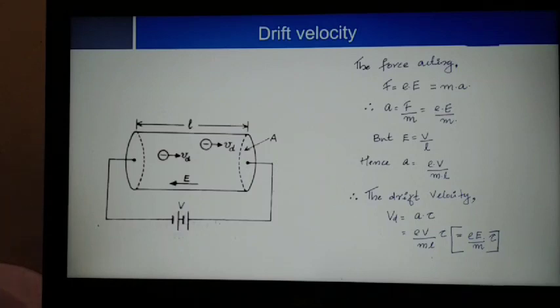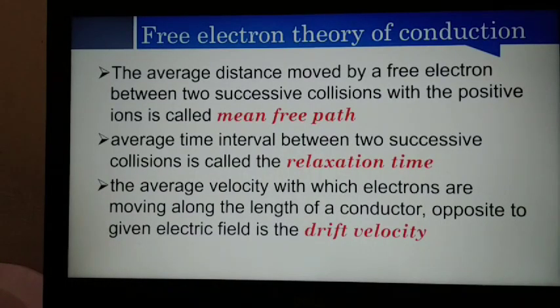The drift velocity is defined as the average velocity with which an electron is traveling. You can remember drift velocity as the average velocity with which electrons are moving along the length of a conductor, opposite to the given electric field.